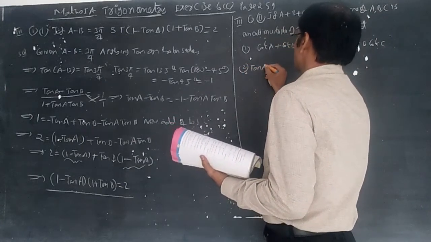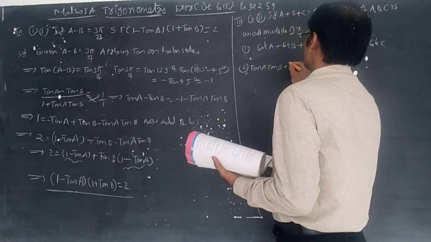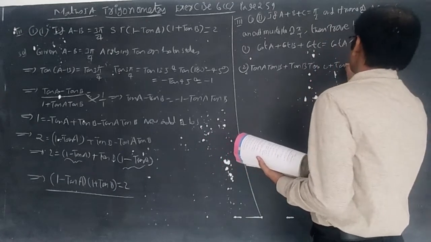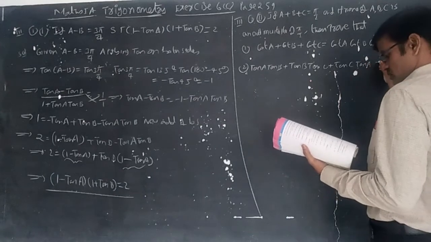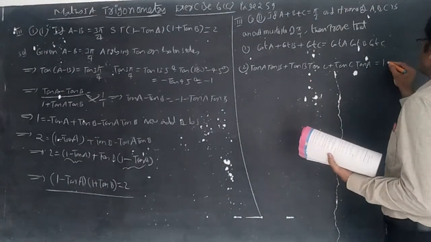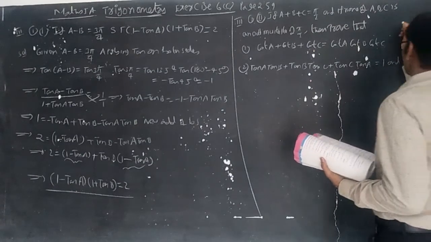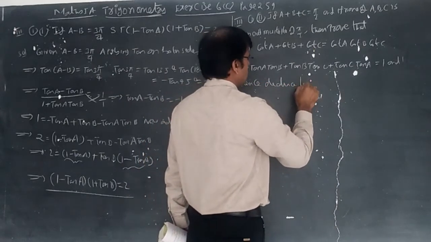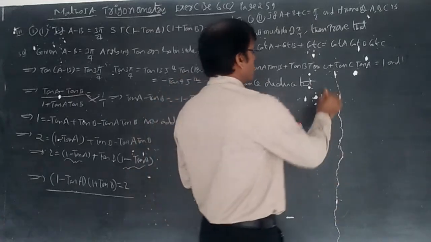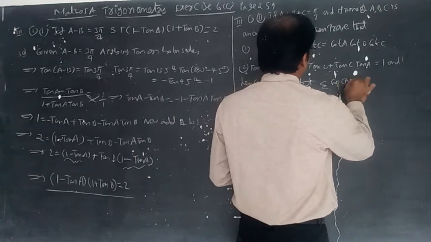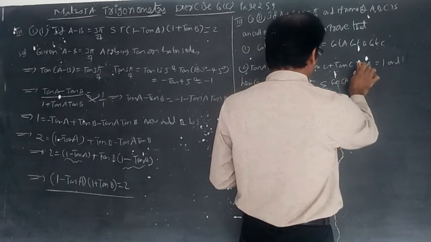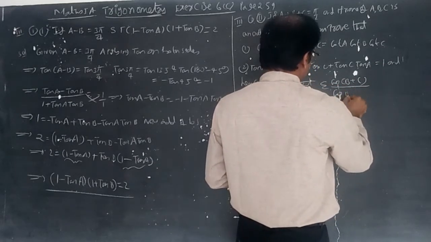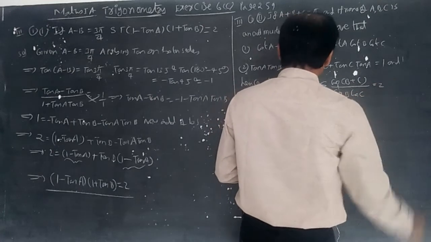Second one, tan a tan b plus tan b tan c plus tan c tan a is equal to 1, and hence deduce that, using this one we need to prove, sigma cos of b plus c by cos b cos c is equal to 2.